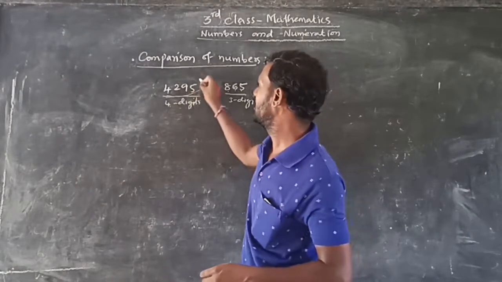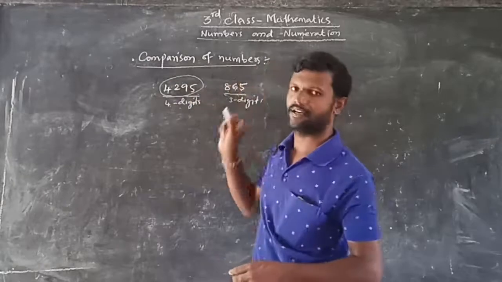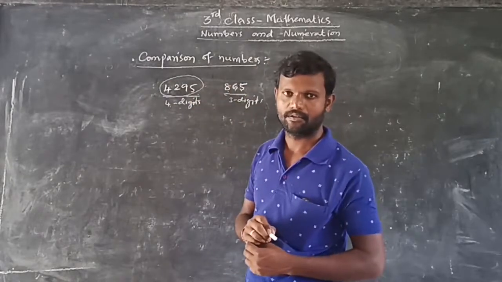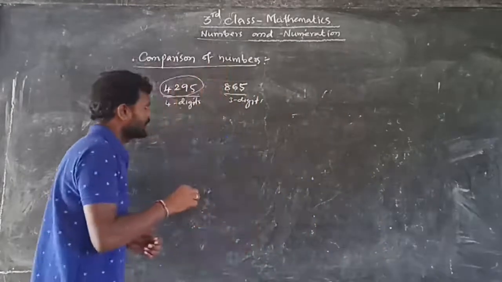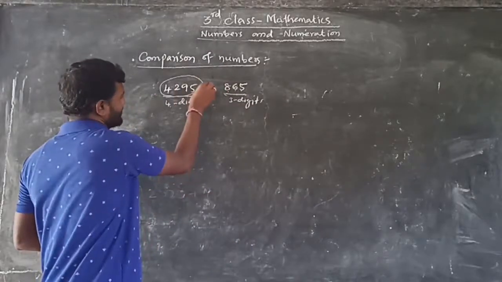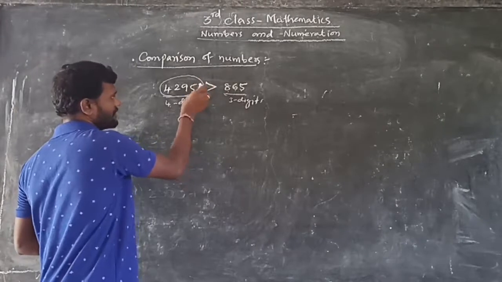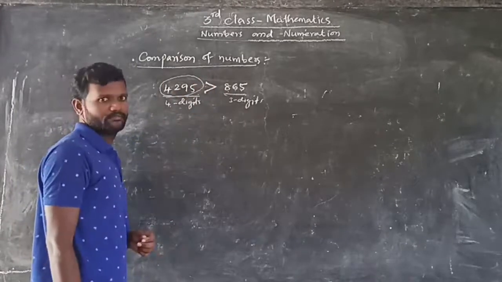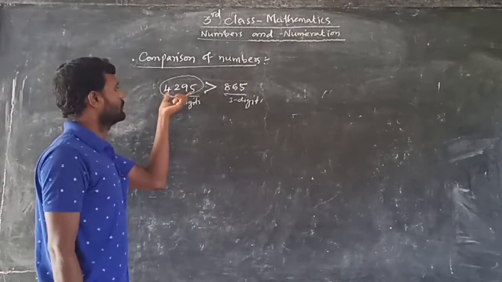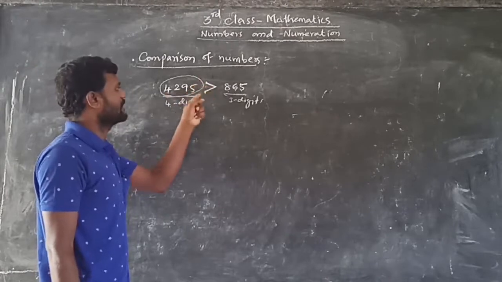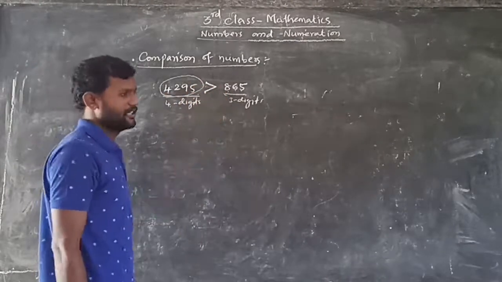So this is the bigger number and this is the smaller number. Okay, so what can we write? Always we write this symbol, with the two ends towards the bigger number. 4295 is greater than 865.